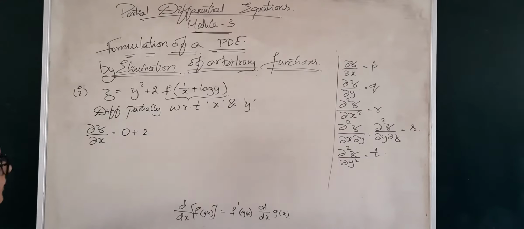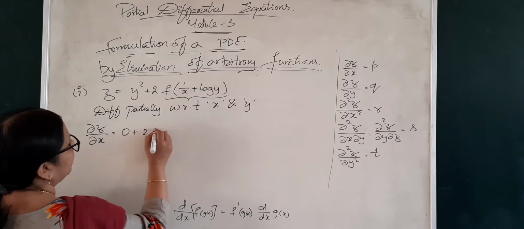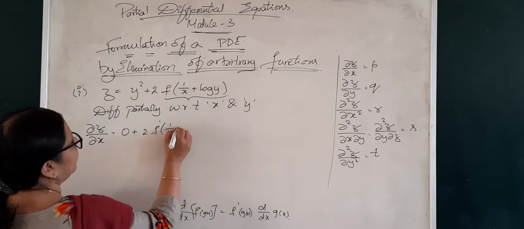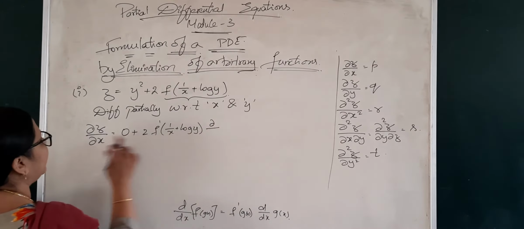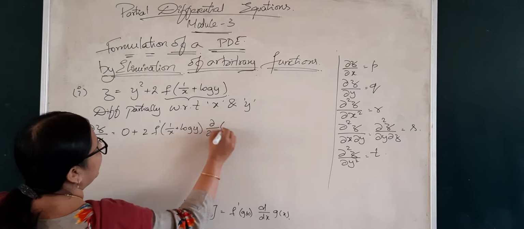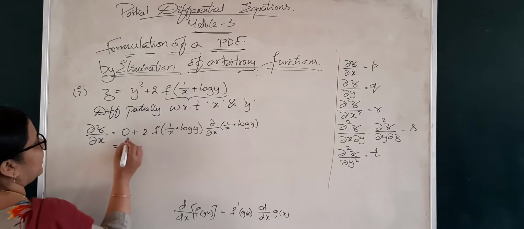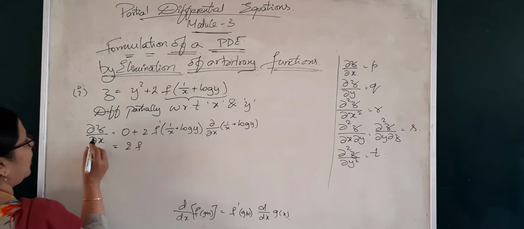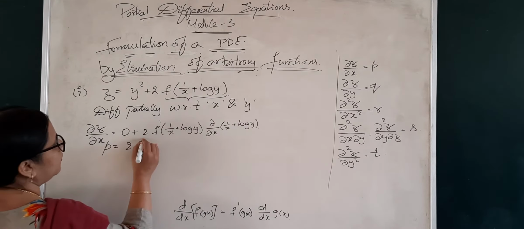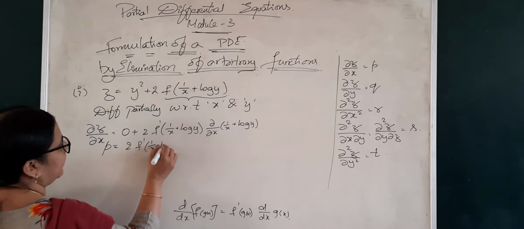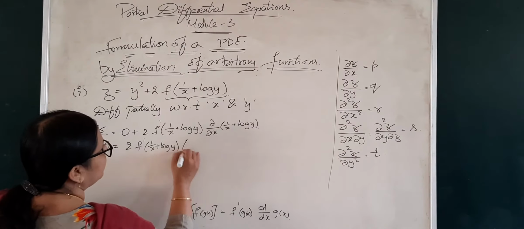The same technique we are going to apply. So f of some function, the derivative of f is f dash of the same thing into, instead of d by dx I will write dou by dou x, because we are doing the partial derivative. So this becomes 0, which is neglected, plus 2 into, and we know that dou z by dou x is nothing but p. p is equal to 2 into f dash of 1 by x plus log y into the partial derivative of this with respect to x.